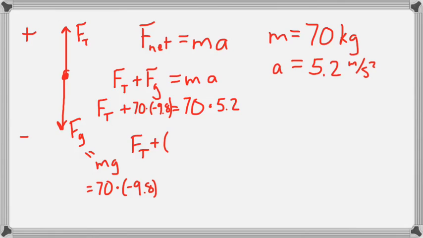But if I want to be more exact, 70 times negative 9.8 gives me negative 686. So negative 686 equals 70 times 5.2. And that gives us 364.